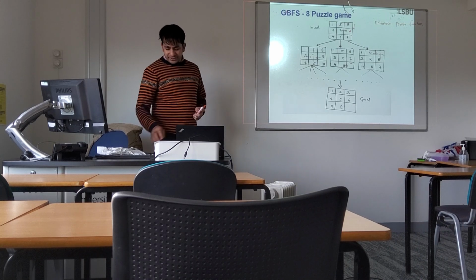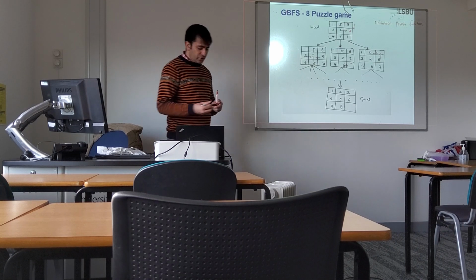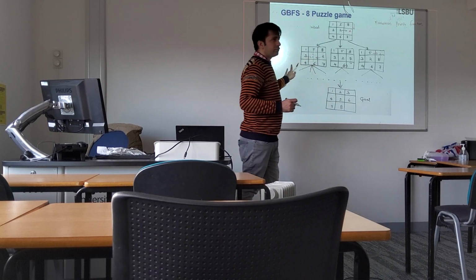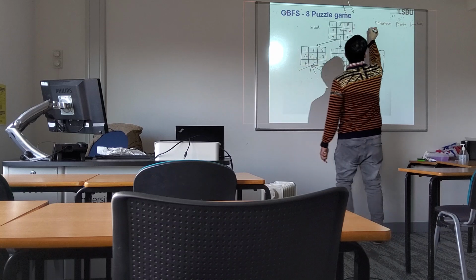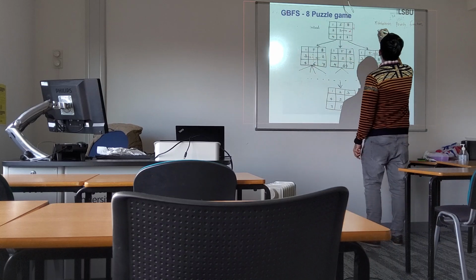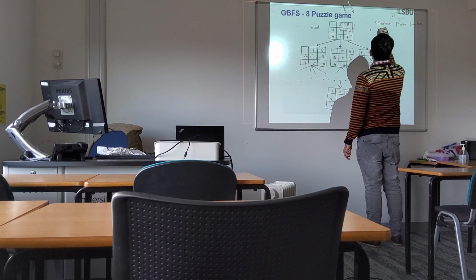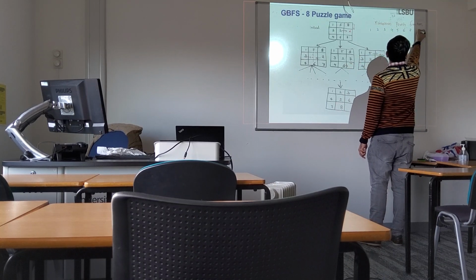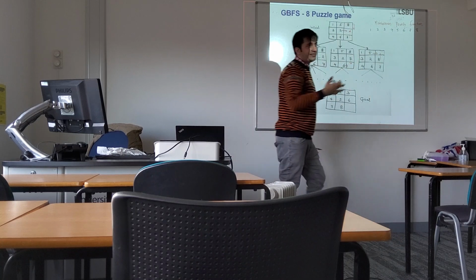In order to do the calculations for the Manhattan function, we have several options. We have 1, 2, 3, 4, 5, 6, 7, and 8. These are the numbers that I have in the puzzle, right?